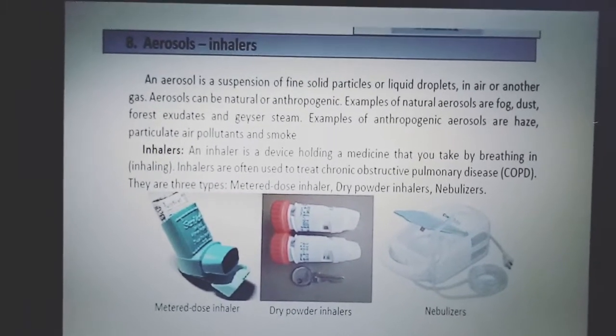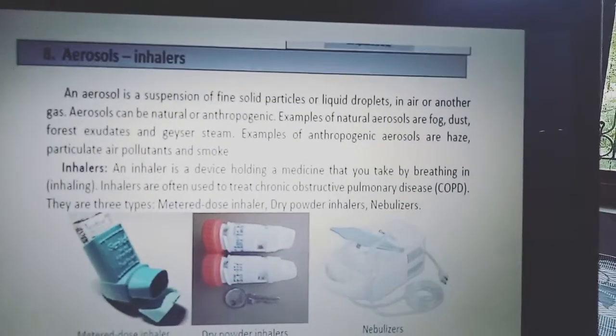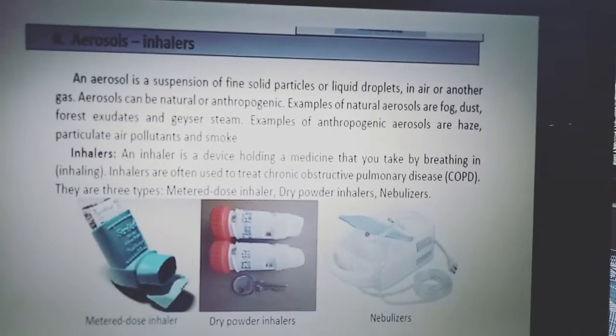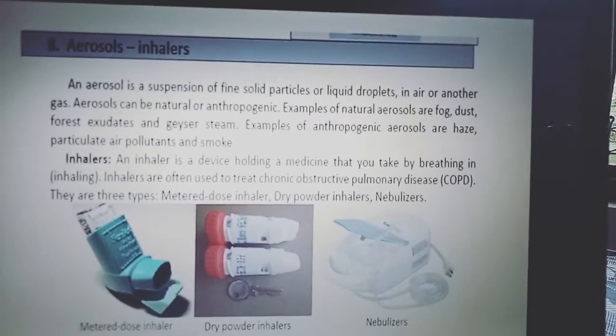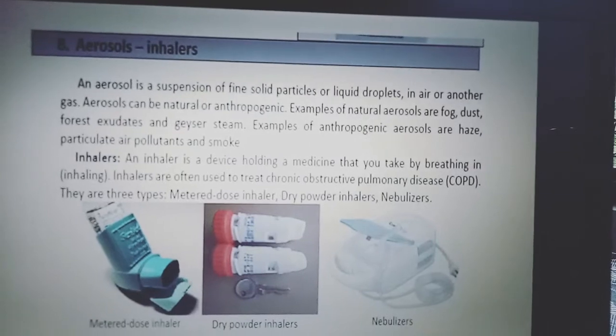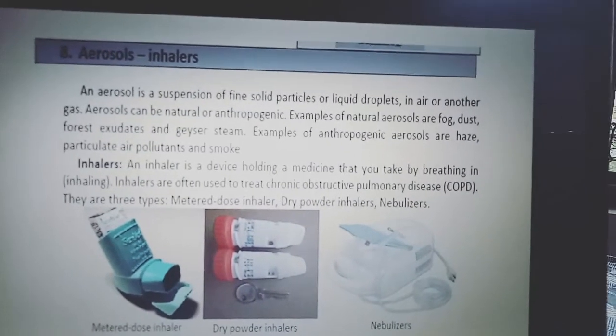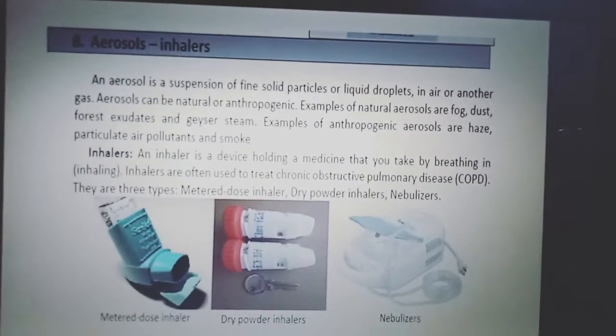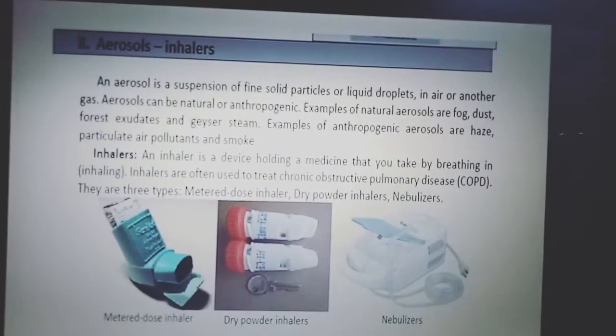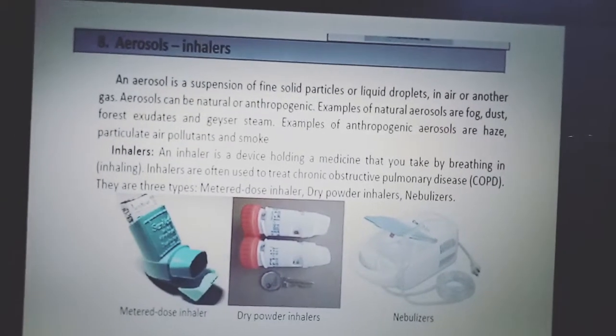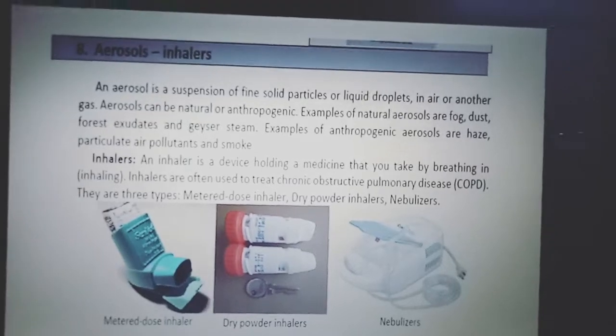In pharmaceutical aerosols, a drug is dissolved or suspended in a propellant. A propellant is a material which exists as a liquid under the pressure conditions prevalent inside the container but gets converted to gas under normal atmospheric conditions.